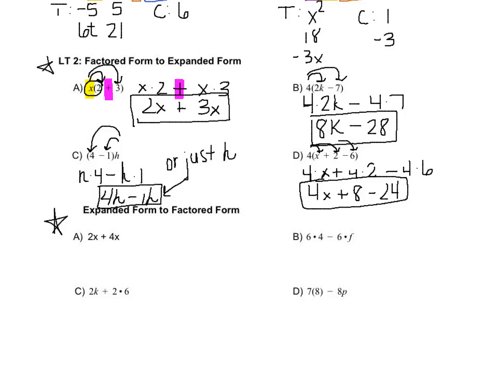So in example A, I have a term 2x, and I have a term 4x, or a positive 4x. So you might have already picked it out that the two things that they both have in common is that variable x. That means that that variable is what's going to go on the outside of the parenthesis.